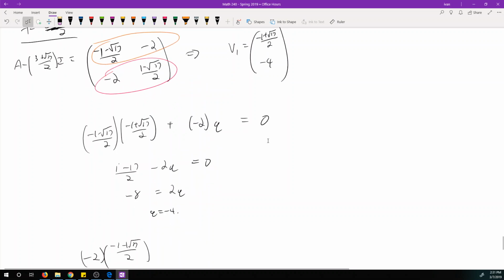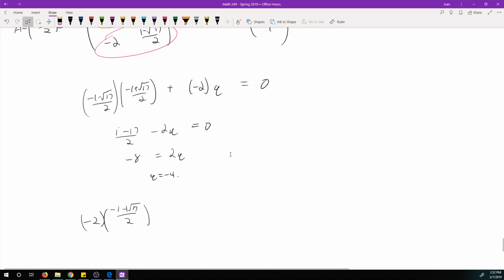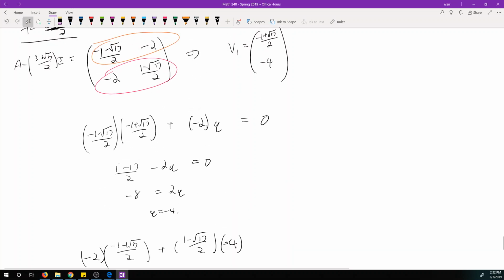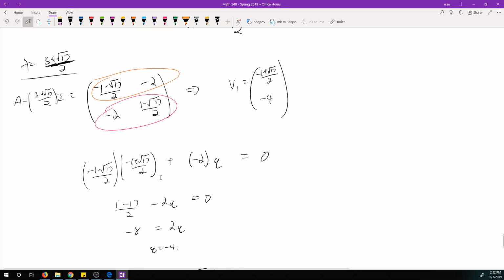Anyways, negative 4 plus negative 4 times (1 plus 1 minus root 17)/2 times 4, negative 4. Okay, that doesn't work either. What am I doing wrong? Doing something wrong here.